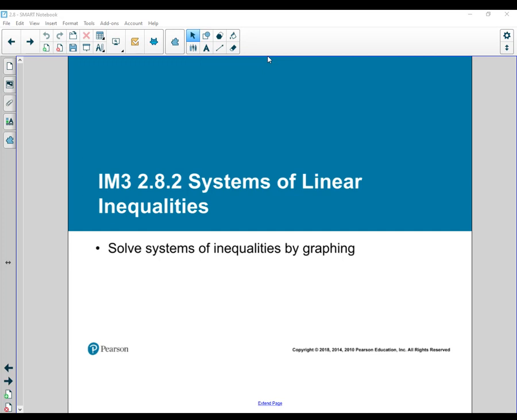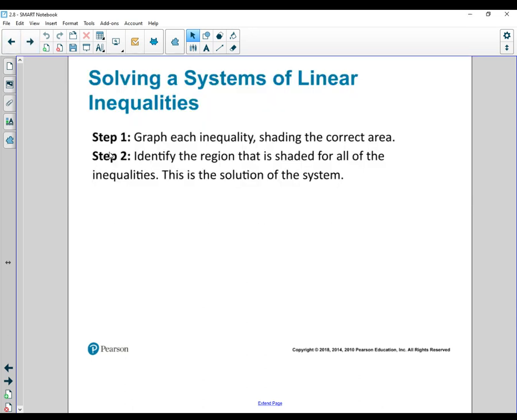And today we are actually going to be solving them, which, if we have retained any information from when we did graphing inequalities before, we should be more than okay with this stuff. So there's essentially two steps to graphing these things.